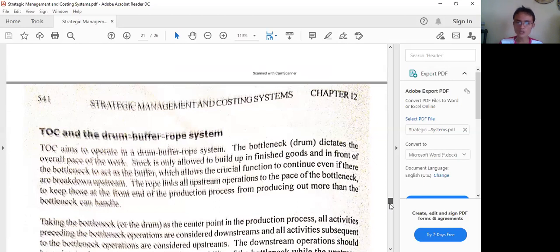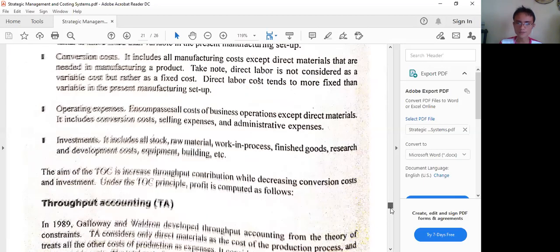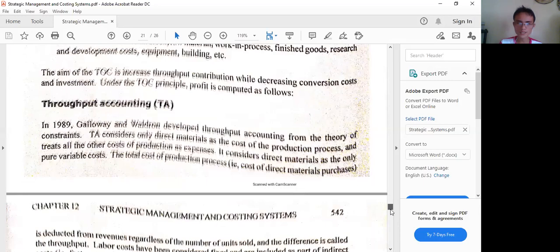But overall, it's the raw materials that are visible. I hope that is the point here. That's why we have to identify the raw materials as costs.